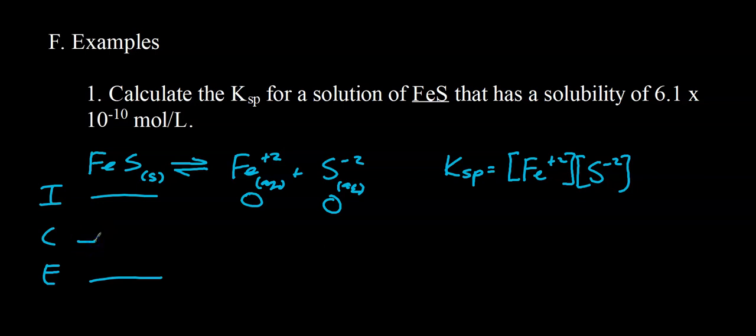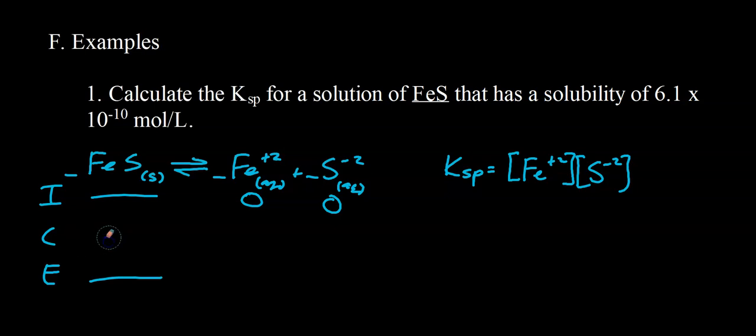What goes in the C row under the solid will be the solubility. Always, always, always. Something else to keep in mind is that in our balanced equation, those coefficients represent relative amounts in moles. So we must only plug into our ice table a molar solubility, a solubility given to us in moles per liter.